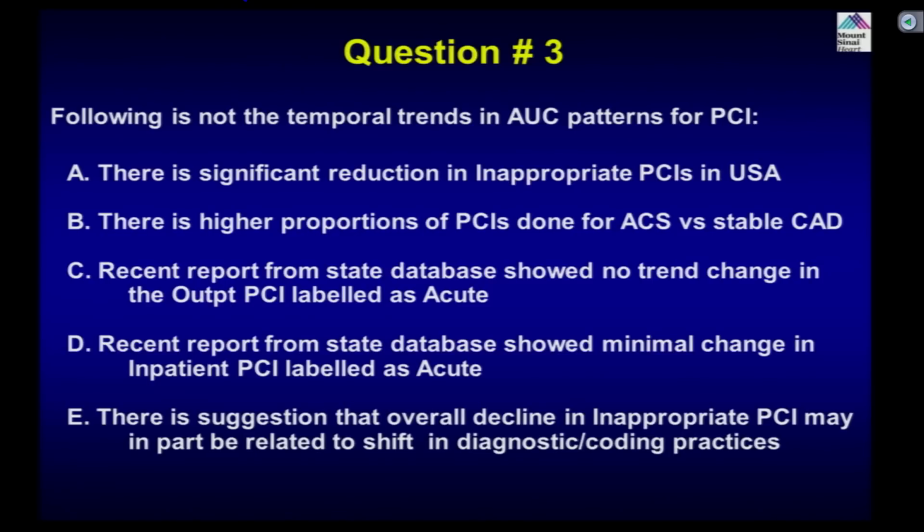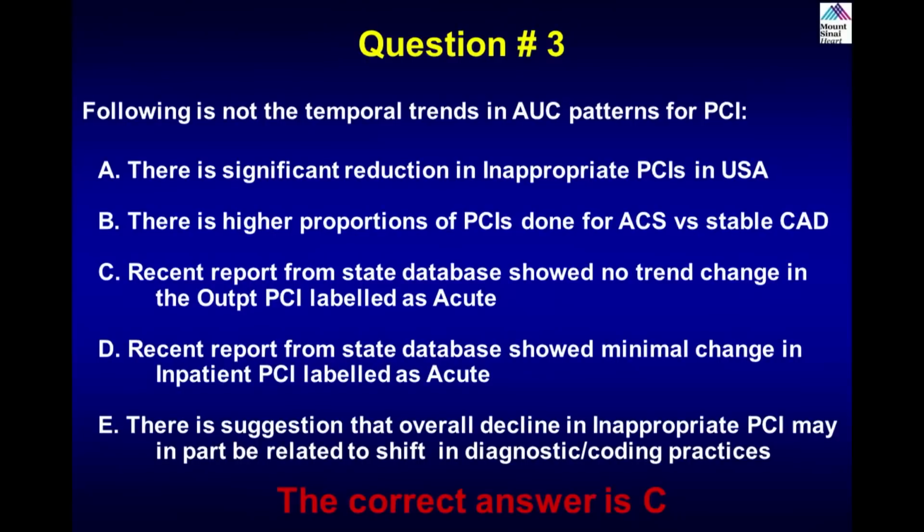And lastly, there is suggestion that overall decline in inappropriate PCI may in part be related to shift in diagnostic or coding practices. We clearly know the big issue, which has been raised by the JAMA authors from the Harvard system, is that there is more diagnosis of acute outpatient PCI. So, answer C is correct.